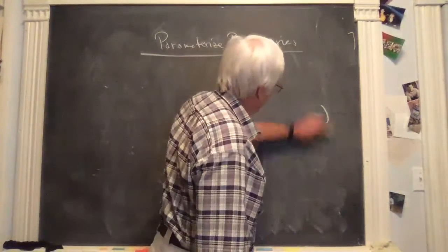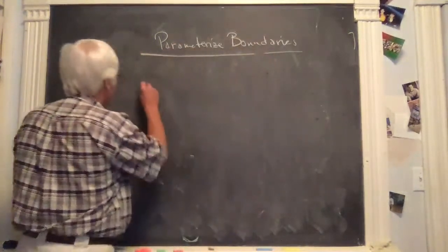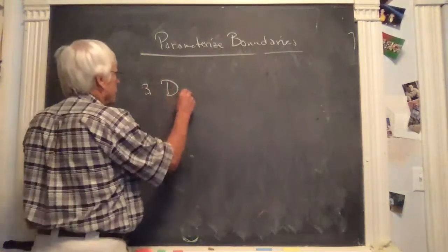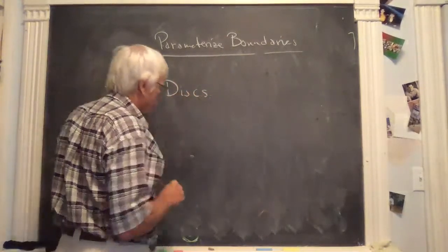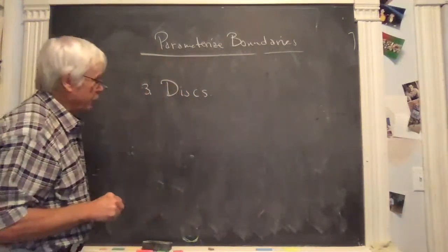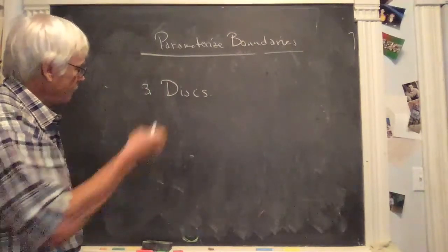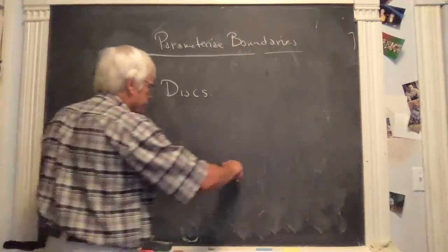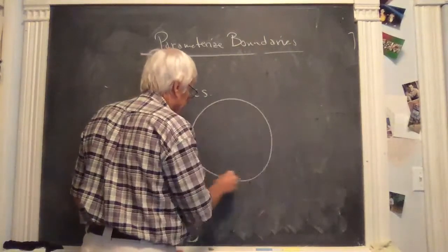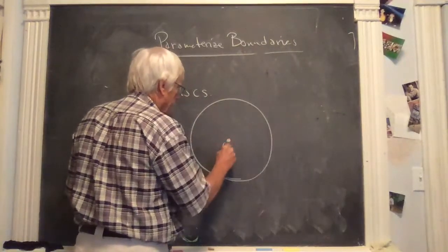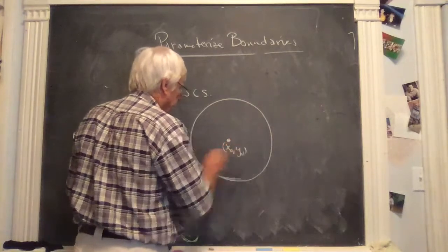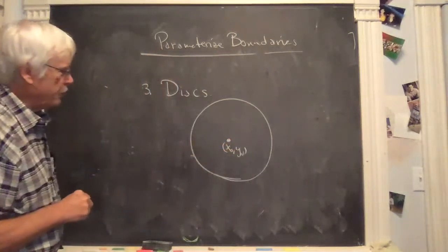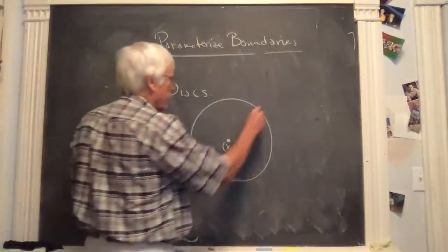Two other types we'll do are disks. A disk is a circle with the inside. So it's fairly easy to find a Cartesian equation for one of these.